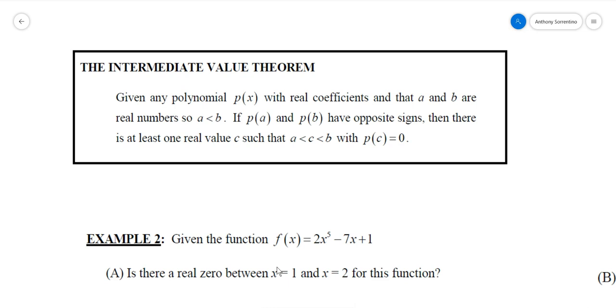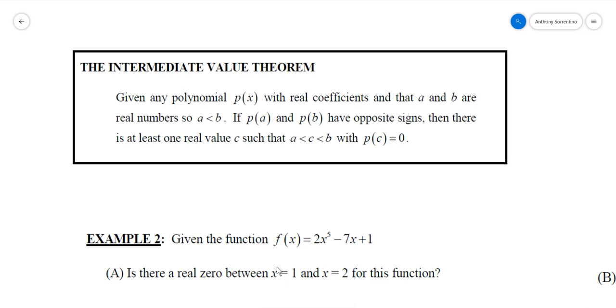So this is a roundabout way of locating zeros, doing it in a more graphical way. As I said, we don't use it directly, but keeping the idea behind it helps us realize, okay, if I'm above the x-axis here and below the x-axis there, then I have to pass through it somewhere, okay?